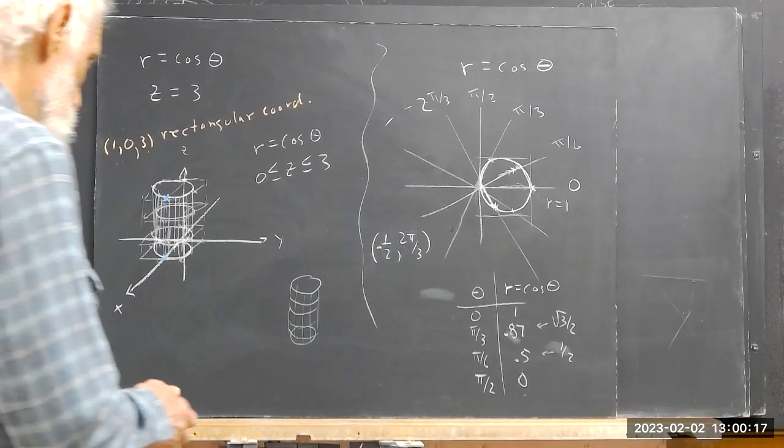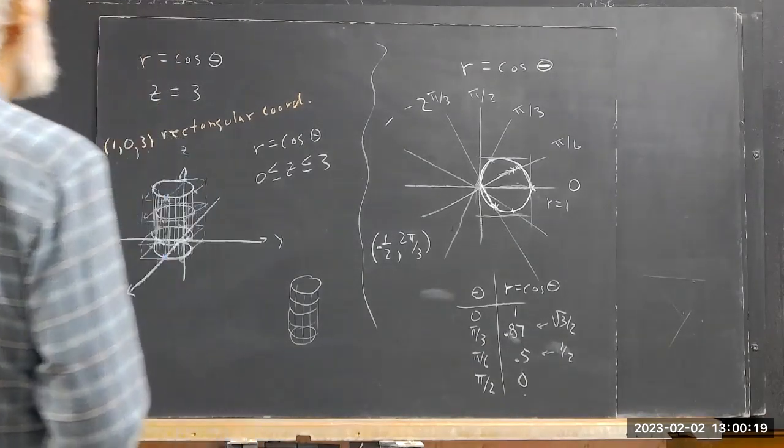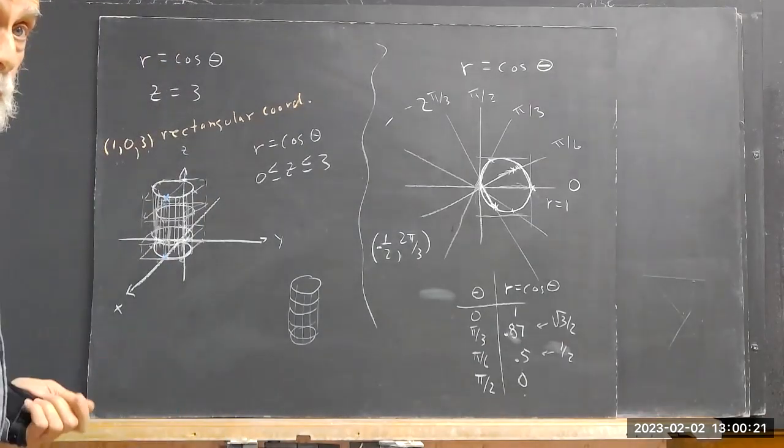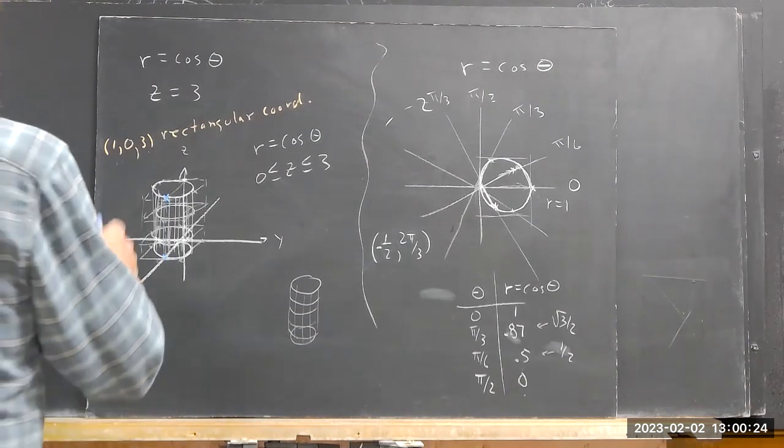Now, what I really want to write down though is polar, or actually cylindrical coordinates. Cylindrical coordinates are simple.